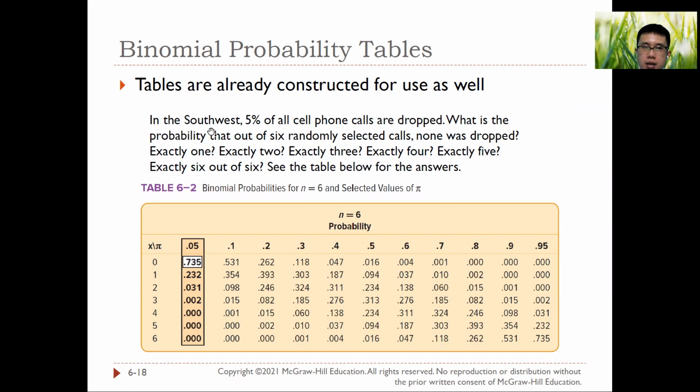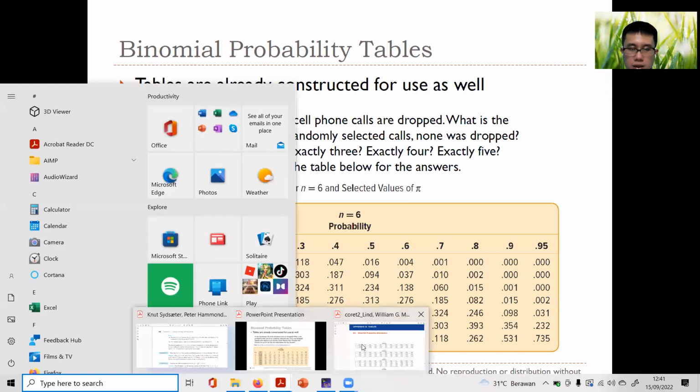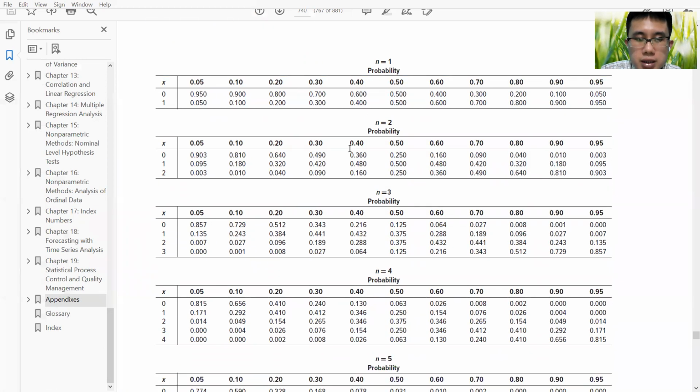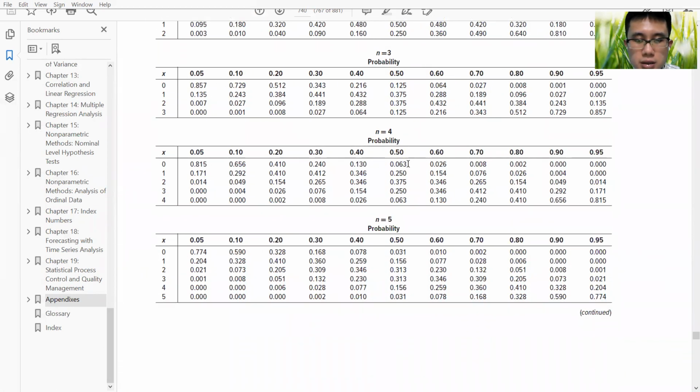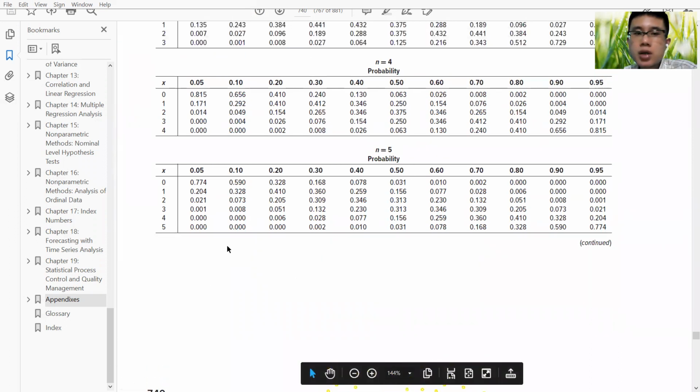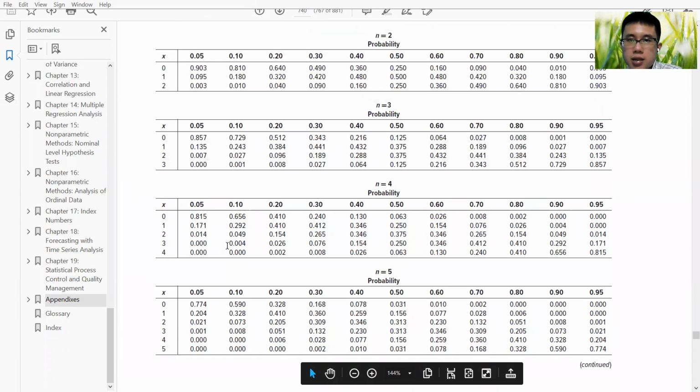And in addition, we also have the binomial probability tables to help us in finding the probability of X equal to little x. You can refer to the table in Lind's book. It's located on page, what is the page number here? 740. This is the binomial distribution table.